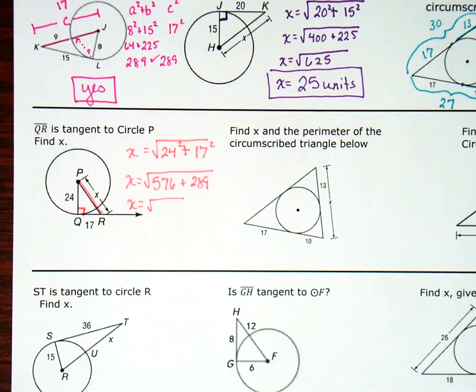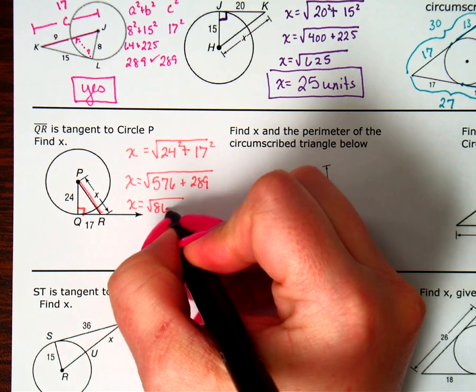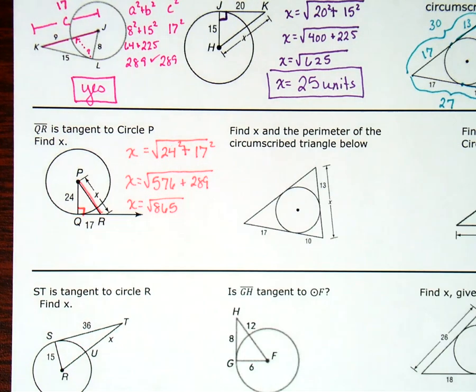And when I add those together, x equals the square root of 865. Oops, did something wrong there on my calculator. Sorry, 576 plus 289 is 865.